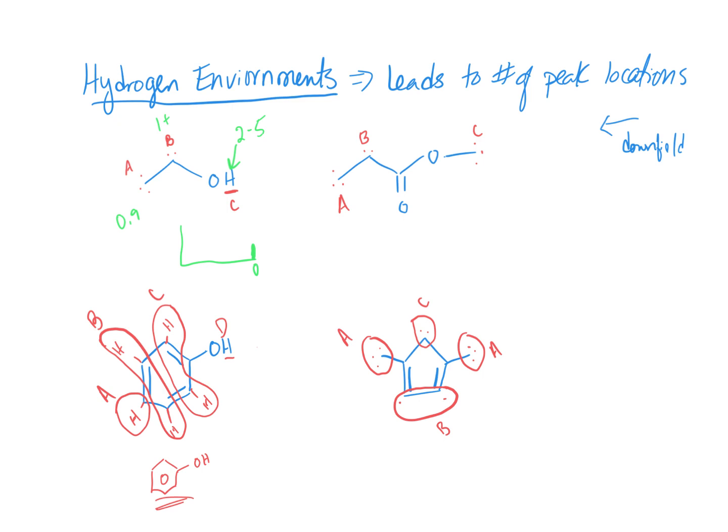You're then going to have peaks at the 0.9 range, and that's going to take on a certain type of peak. And then we'll have one at the 1 range, and then we'll have another one further up at the 2 to 5 range. So you're going to have different peaks there, and that's what I'm talking about when I'm looking at an NMR.